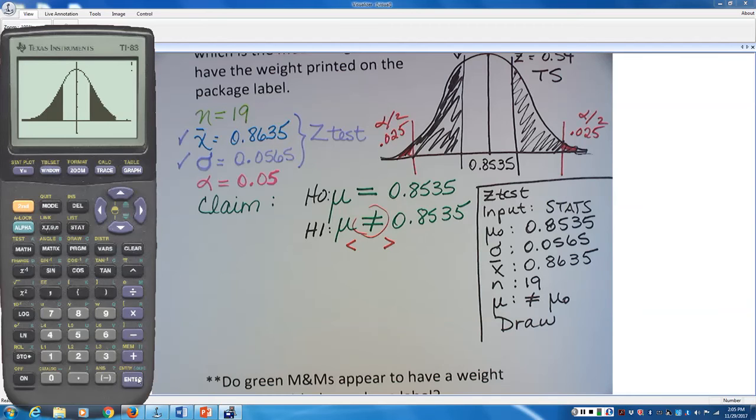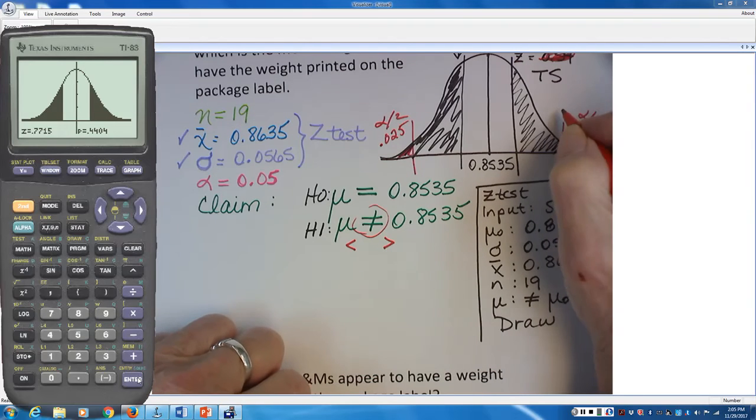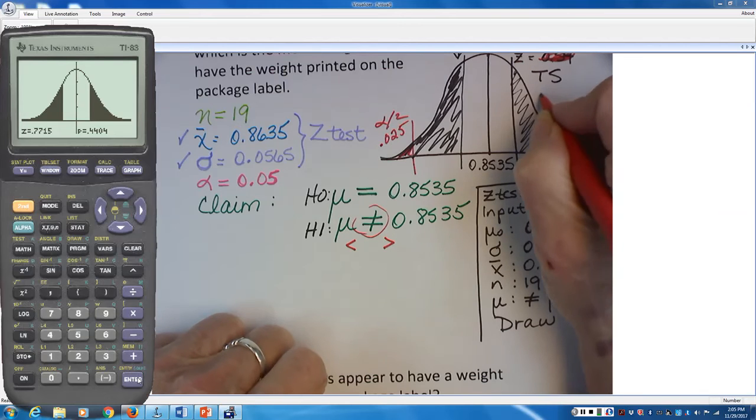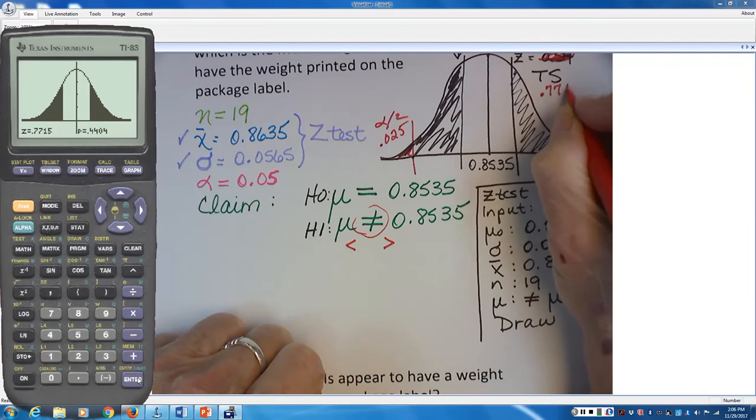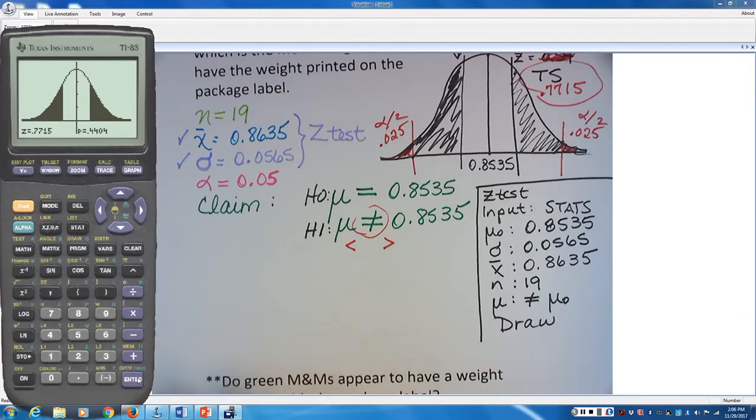Okay, same sort of picture, but that number change in the thousandths decimal place made a difference. So it's not 0.54, your test statistic is actually 0.7715. But still, you have a lot of black.